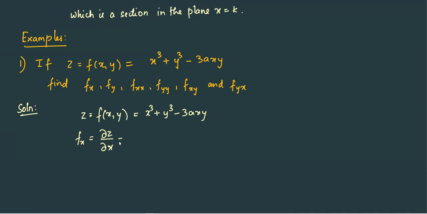So we can write either dou z by dou x or dou f by dou x, one and the same thing. So treating y as constant, differentiating with respect to x, this will be 3x square plus 0 minus 3ay. y is treated as constant and derivative of x is 1.